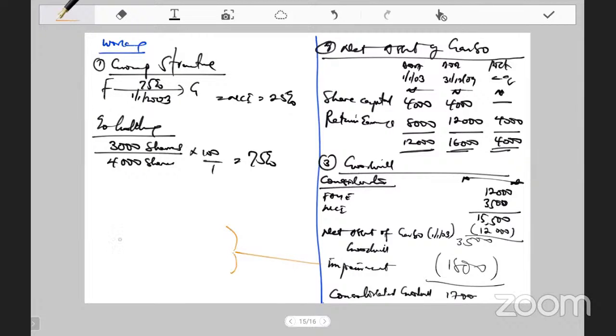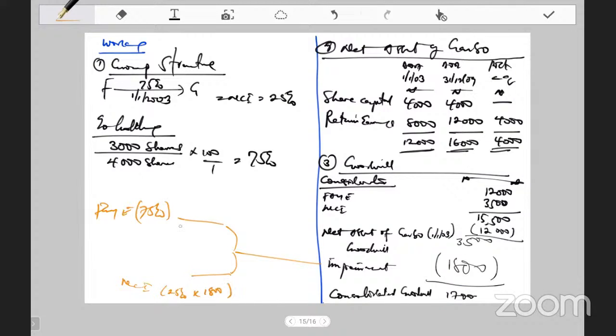which must be shared between the two entities, which will be Faye and that of Gabon's NCI. Faye will take 75%, NCI will take what? 25%.